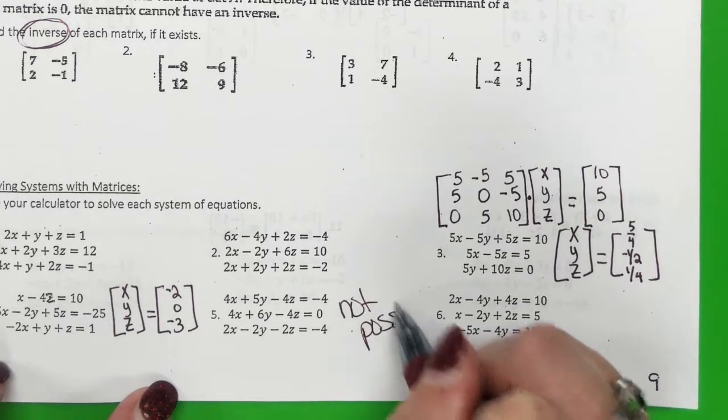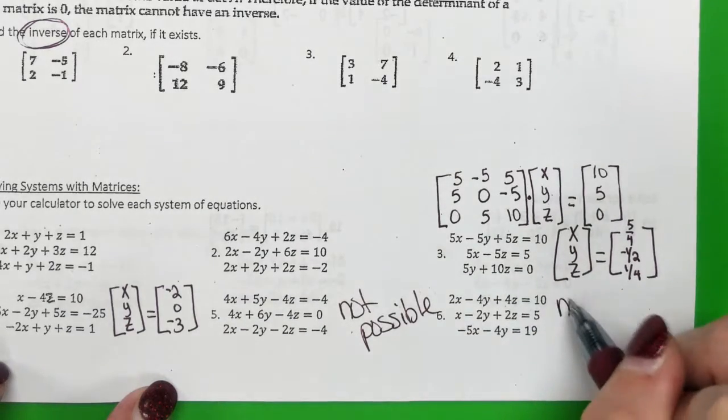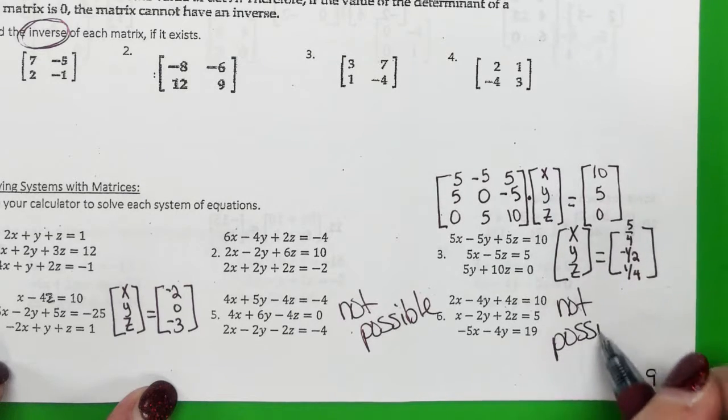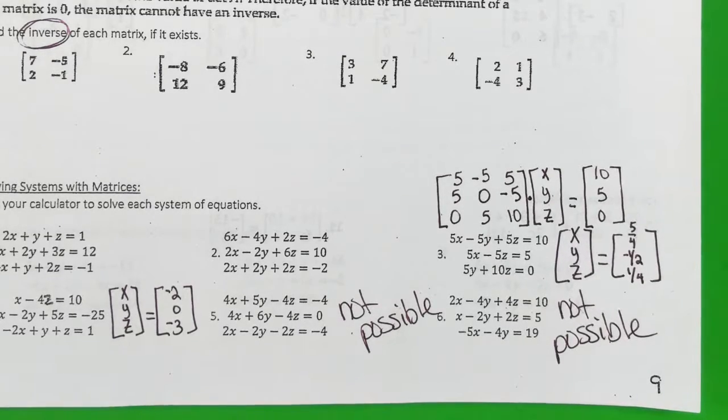By the way, there's 2 reasons why you get not possible on 5 and 6. Can anybody give me one reason why you would get an error in your calculator? How does it not have an inverse? Do you remember? Look back.